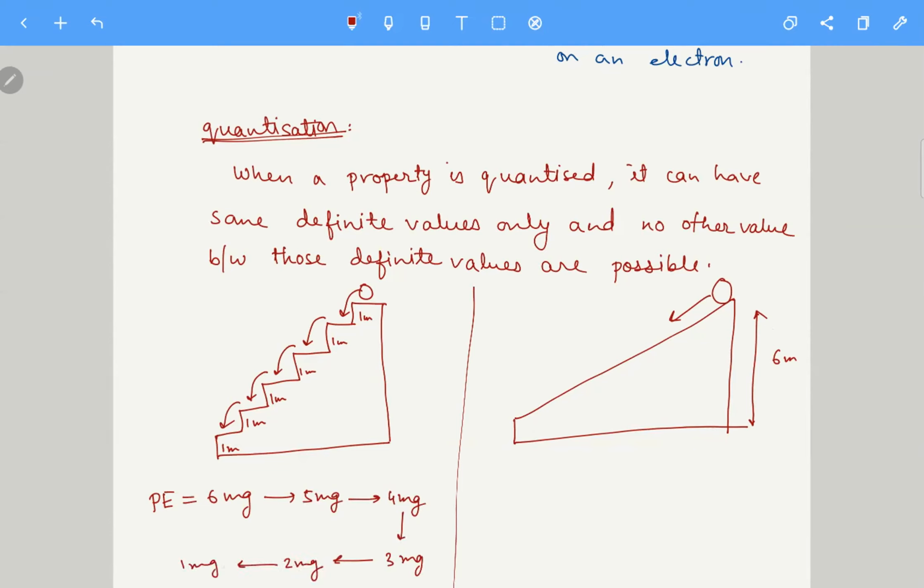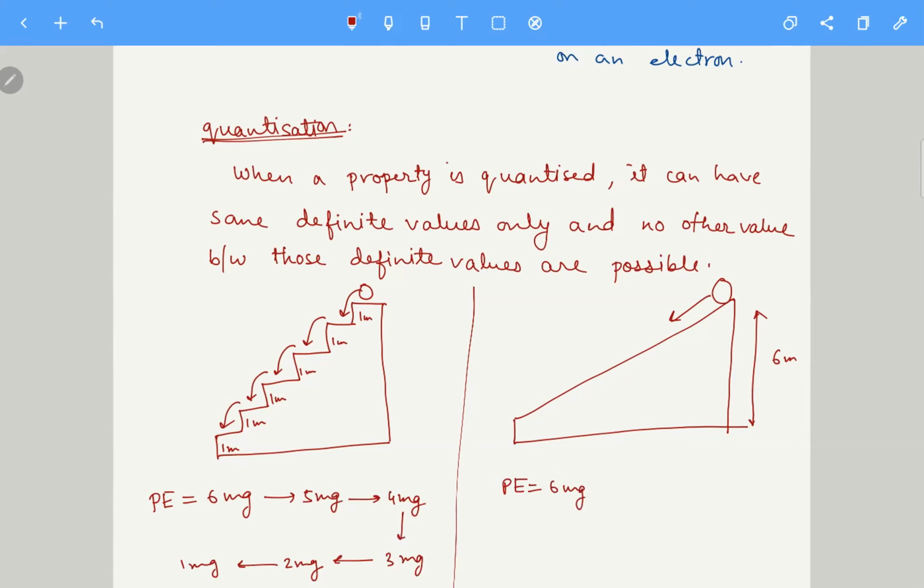Here in the smooth slope, the potential energy is 6 mg and it gradually changes. The ball rolls down, the height gradually decreases. It changes from 6 to 5.9 to 5.8, to 5.79 and so on.